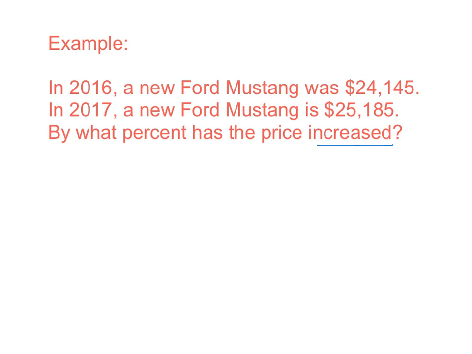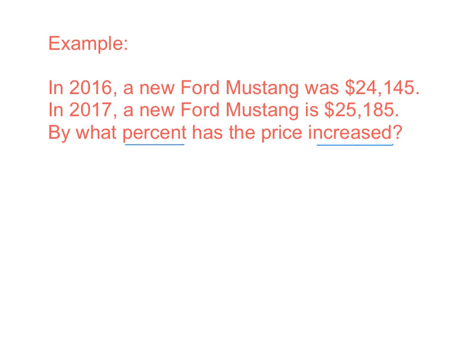In 2017, a new Ford Mustang will now cost $25,185. It's not a huge difference in price when you think about cars, but let's talk about what percent that is. Remember, the first thing you want to do is subtract these two numbers.